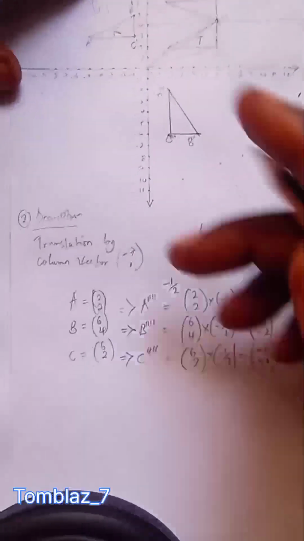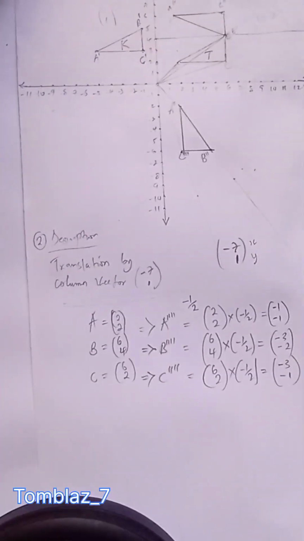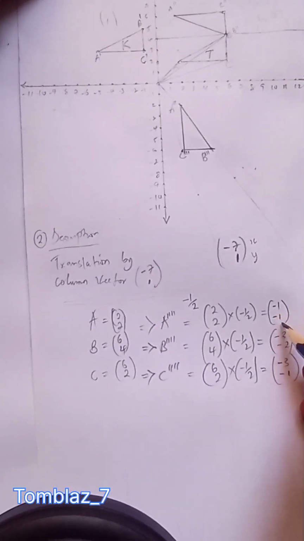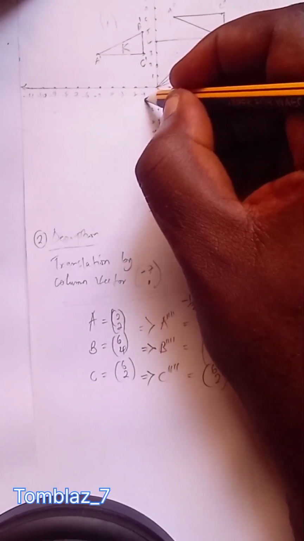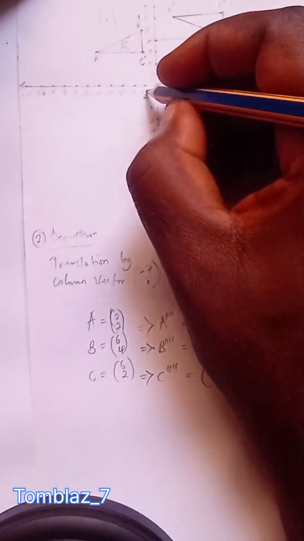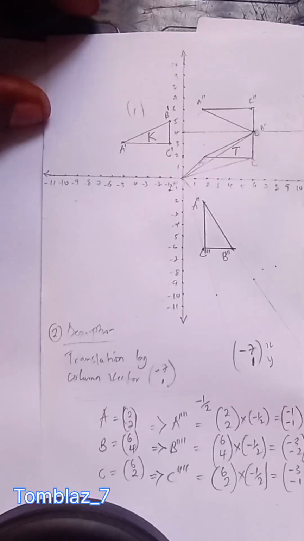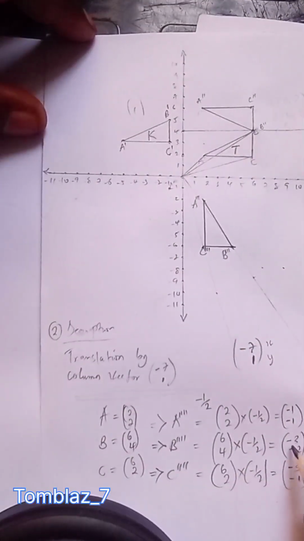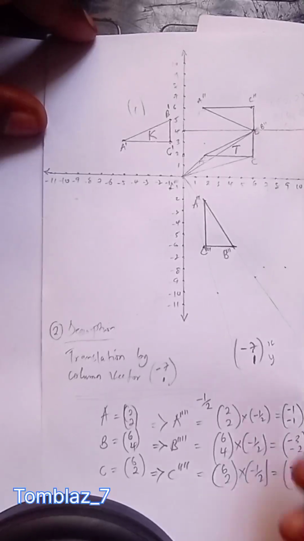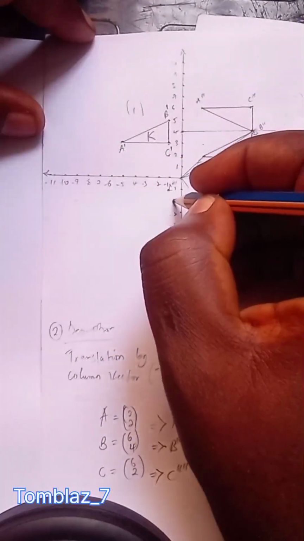So let's use this now to draw the new enlarged triangle. So for A, -1, -1. So they meet here. So this is A prime prime prime prime. Then for -3 and -2, x is -3, y is -2.